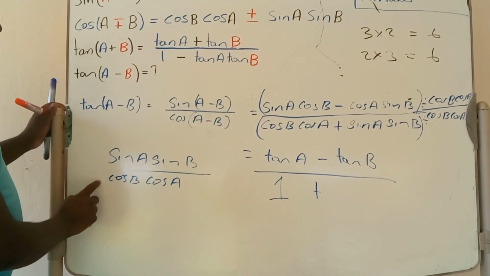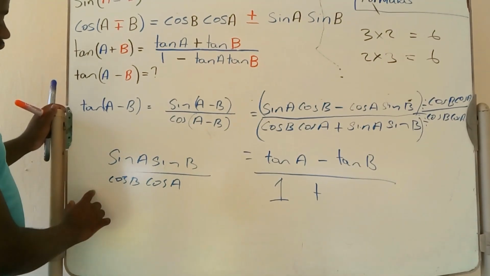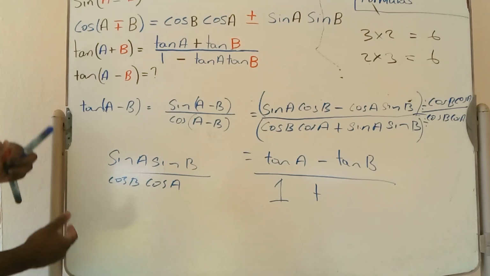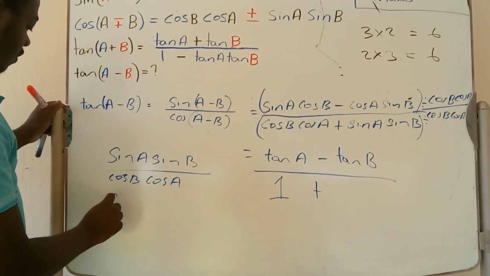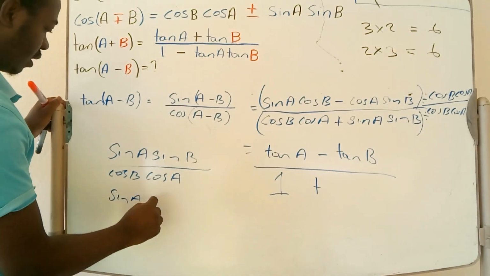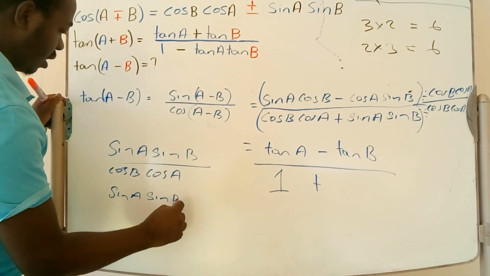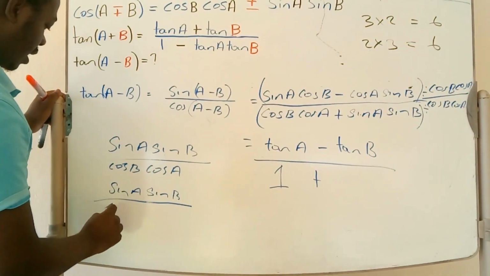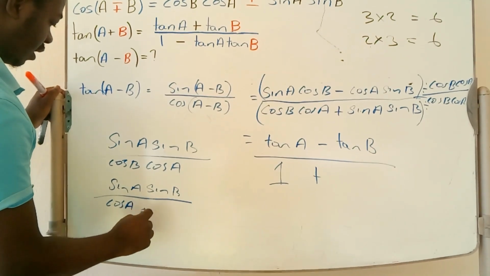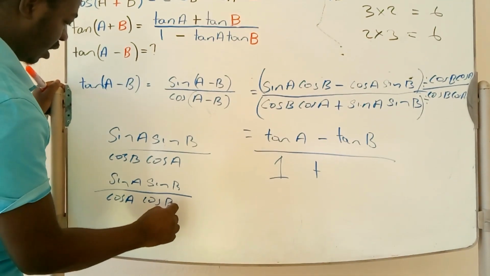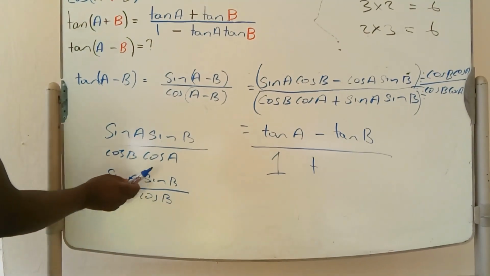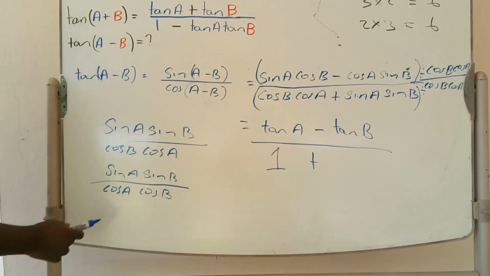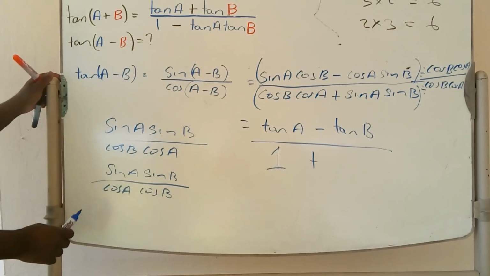So I'm going to rearrange the denominator since A comes before B in the alphabet. If I rearrange the denominator, I now have sine A sine B, all of that divided by cos A cos B, right? If I rearrange it, I can split both of them and treat them as separate fractions, right?